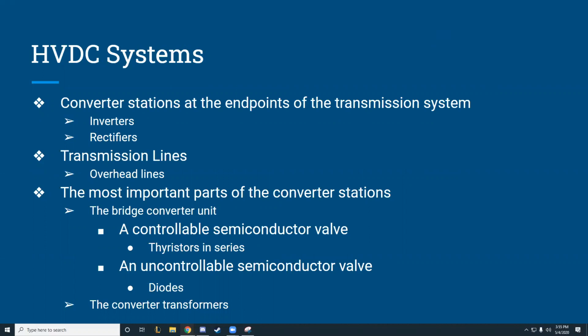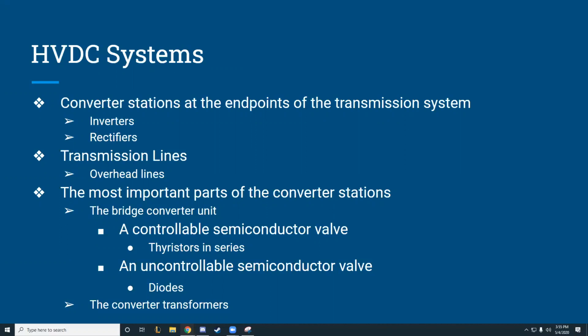There are two main elements of high voltage direct current: the converter station, which is located at the endpoints of the transmission system, and the transmission lines. The converter station is comprised of inverters and rectifiers to make possible the transmission in both directions.